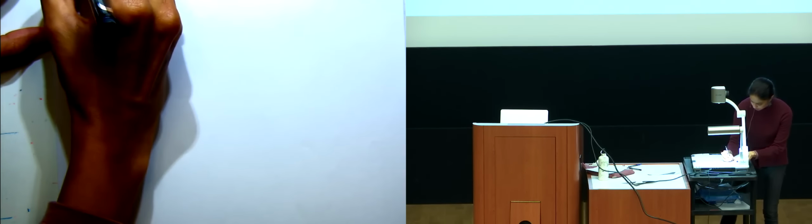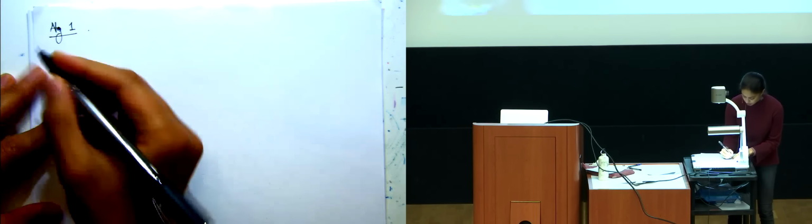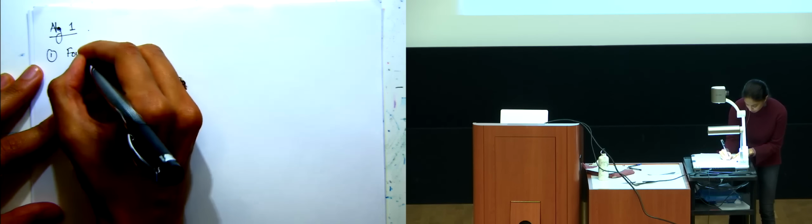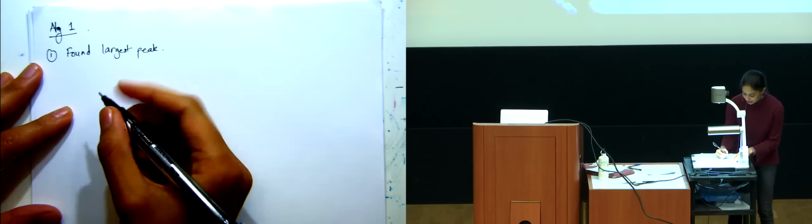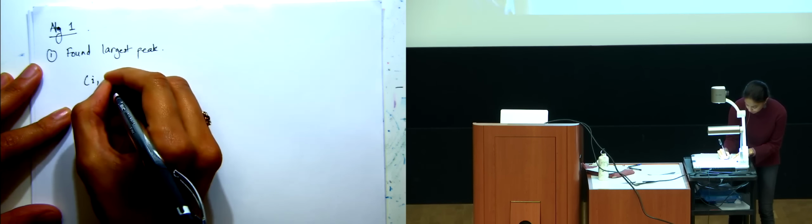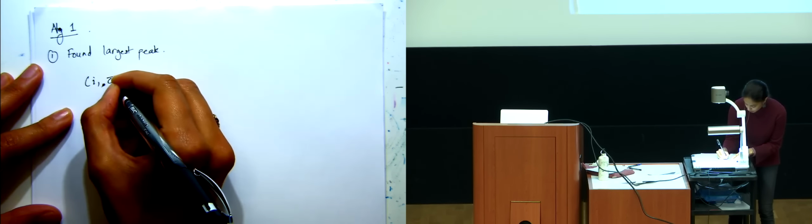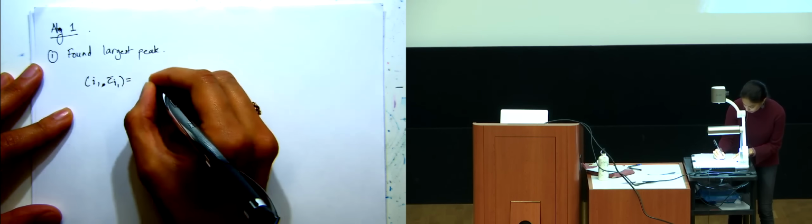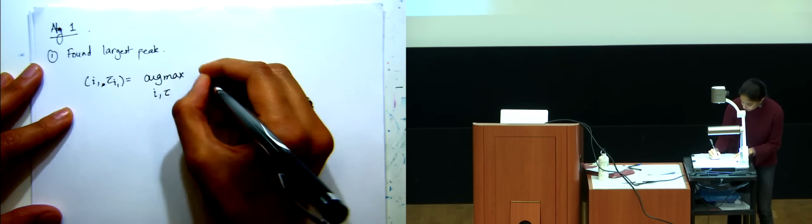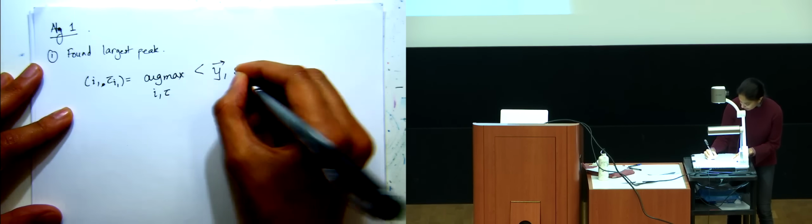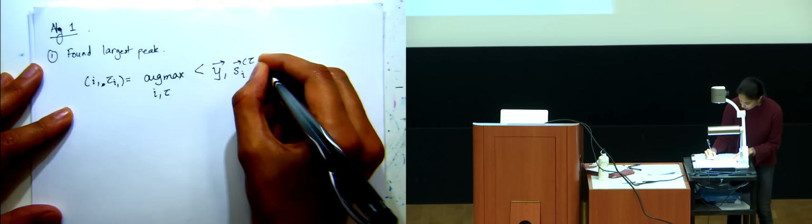So just to get everyone on the same page, what have we done so far? First, we found the largest peak, which is basically we found an I1 and a tau, I1, which is the argmax over i comma tau of the inner product of y and s_i,tau.